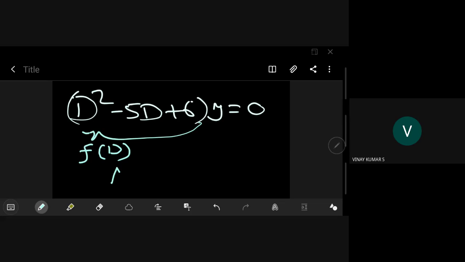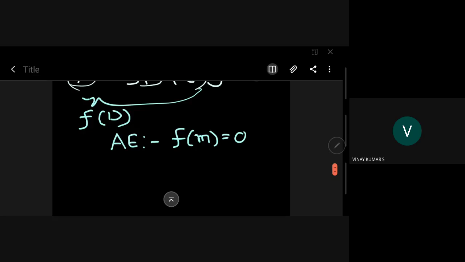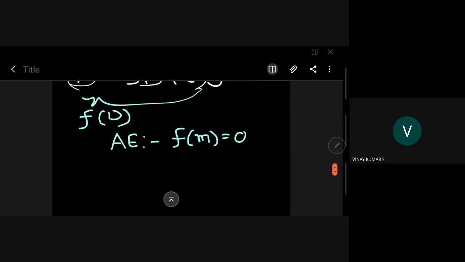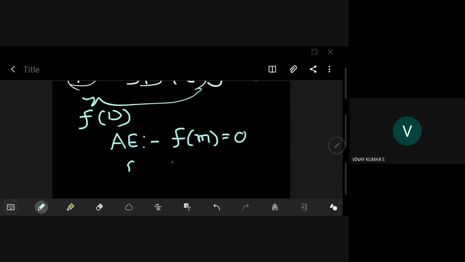The auxiliary equation is f of m is equal to 0, where m is some number to be determined. See, f of d means here d square minus 5d plus 6. So f of m means m square minus 5m plus 6 is equal to 0.